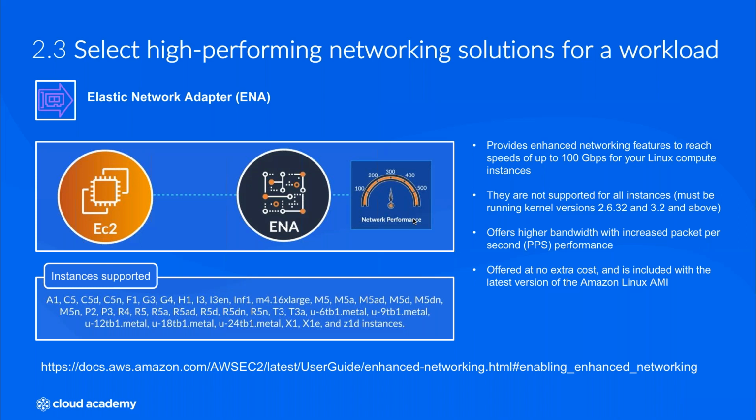So basically, if you need enhanced networking performance on your Linux EC2 instances, then you should use the Elastic Network Adapter and just enable it on a supported instance type. You can check to see if it's running using the AWS CLI, and if it's not, you can quickly and easily enable it using a CLI command.